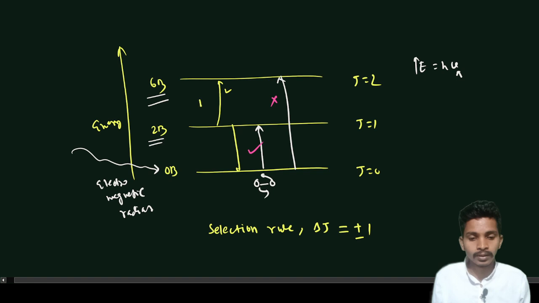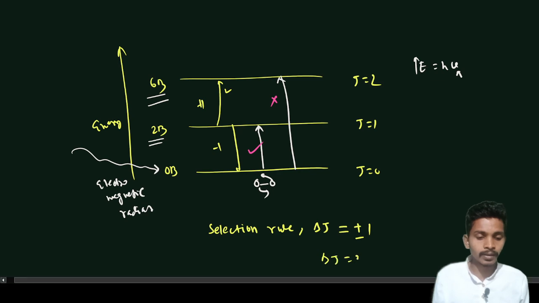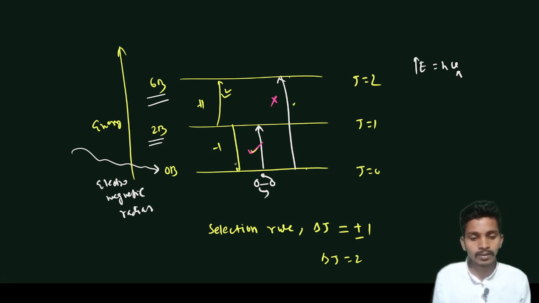This is plus 1 or this is minus 1, but it cannot be delta J equal to 2. So here 2 minus 0 is 2. It can't be this; either this or this is valid. That's what the selection rule says.